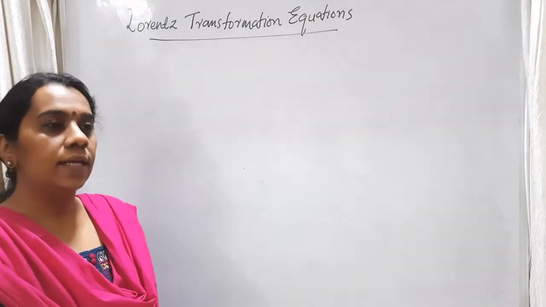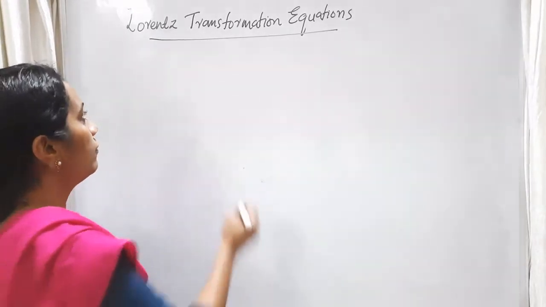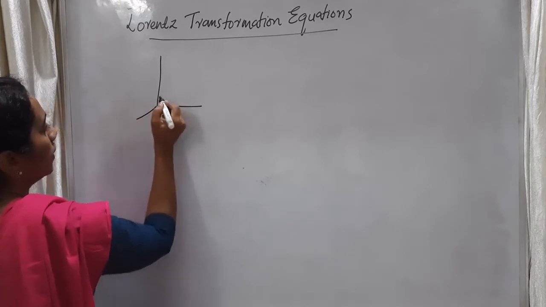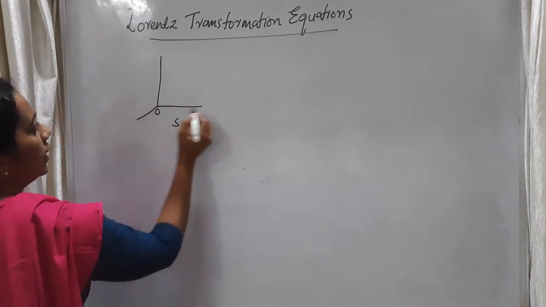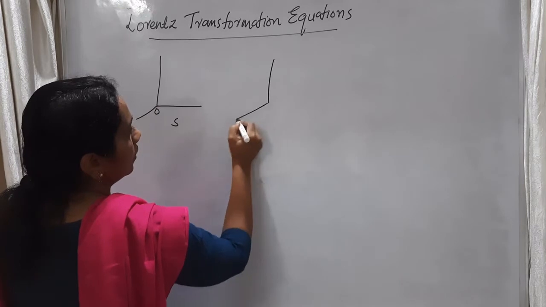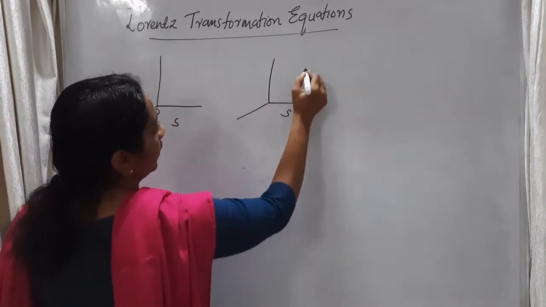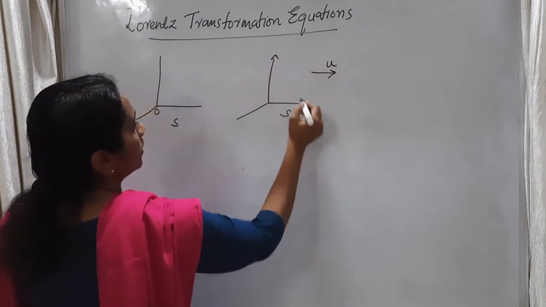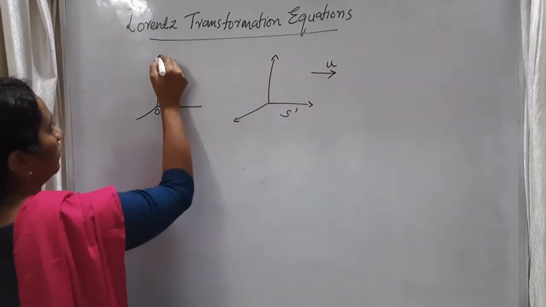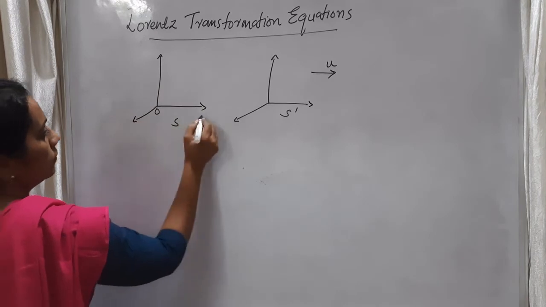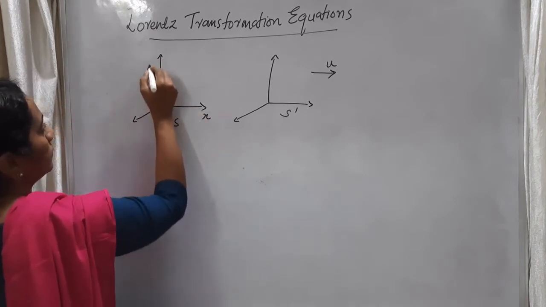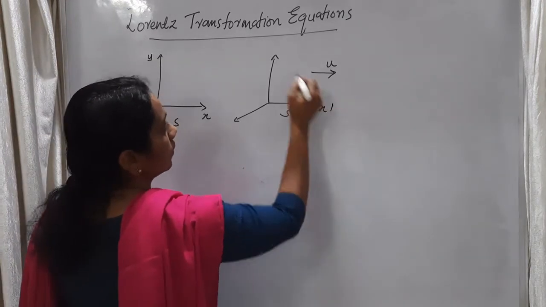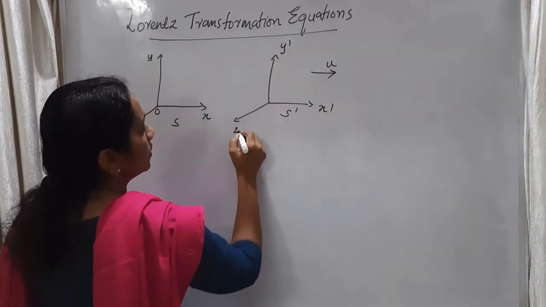So as usual, let us consider two frames of reference, the S frame and the S dash frame, which is moving in the positive x direction with the velocity u with respect to the S frame. Mark the axis.